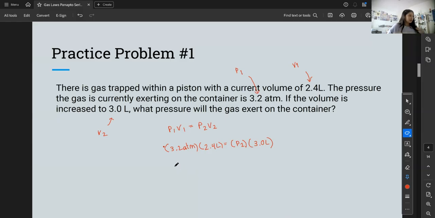So allow me to pull out my calculator. We can just get that P2 is going to be equal to 3.2 atm times 2.4 liters over 3.0 liters.